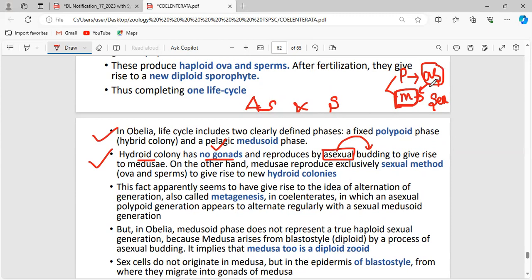That is why, in the medusoid theory, the scientists explain that from the polyp, the medusa has evolved. The polyp performs the asexual reproduction method, as a result of which the medusa forms, and this medusa is the one going to perform the sexual reproduction. Clear now?